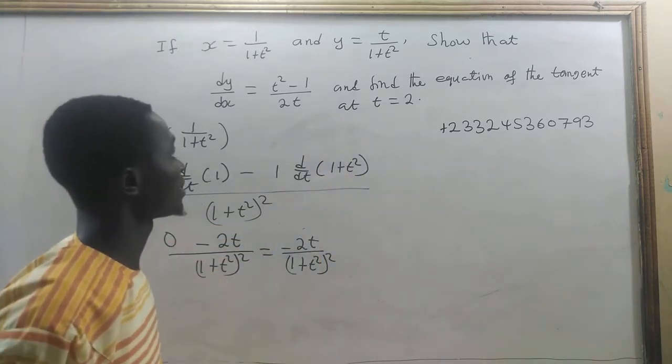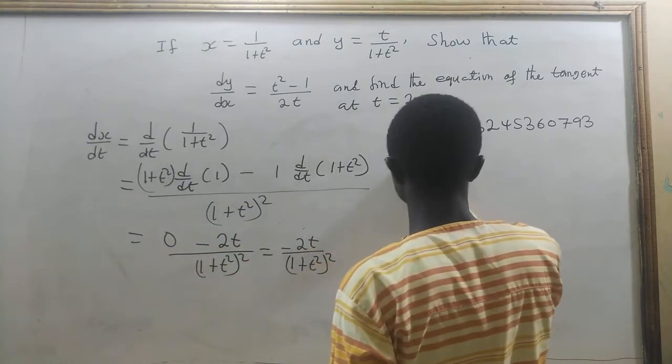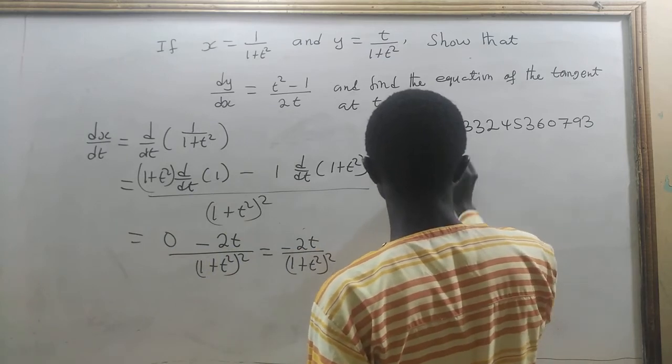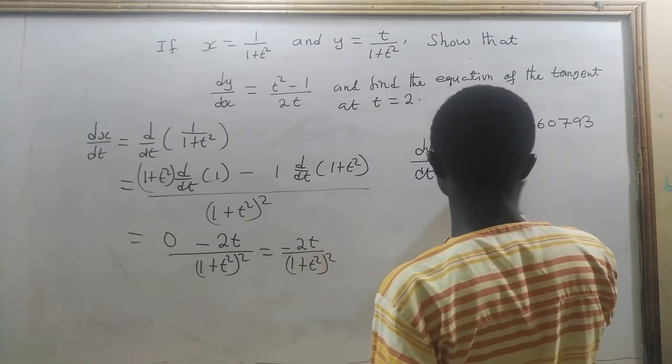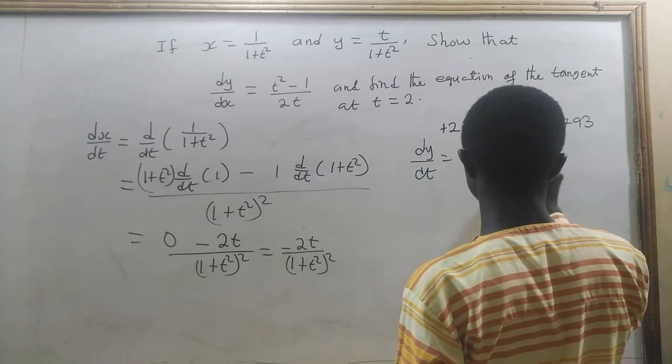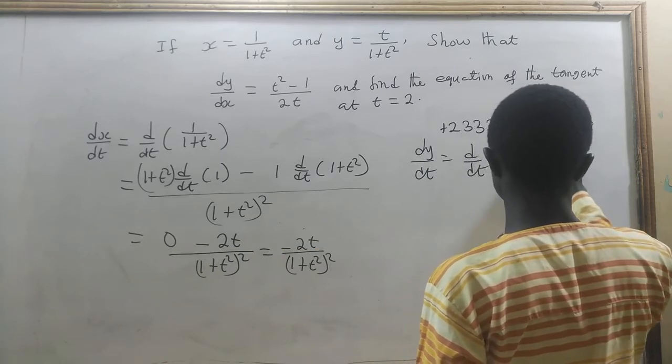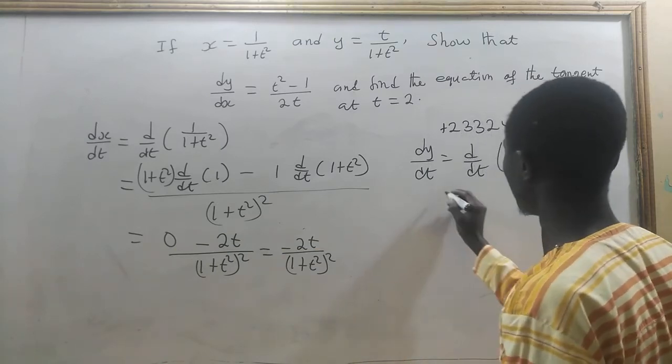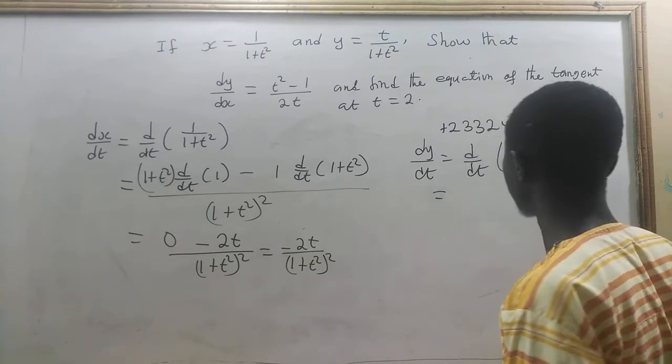Now let's differentiate y with respect to t. The derivative of y with respect to t is equal to d/dt of t divided by 1 plus t squared. We are going to use the quotient rule.